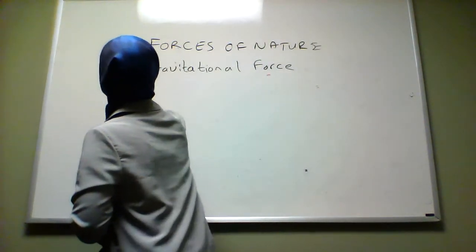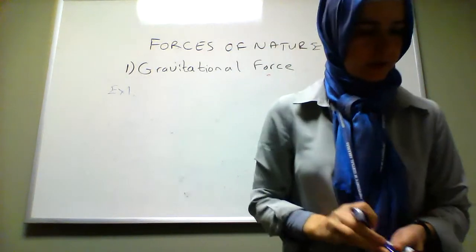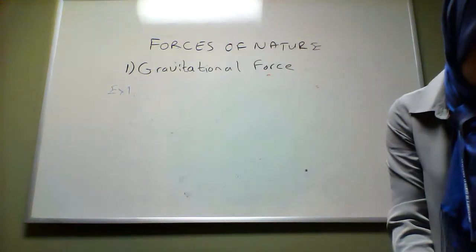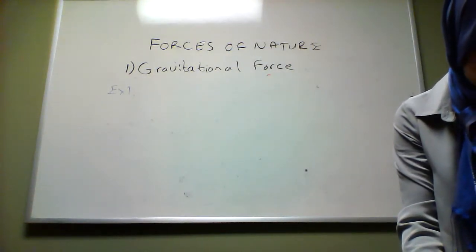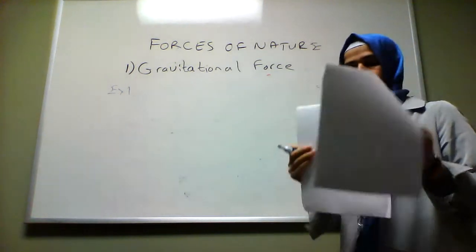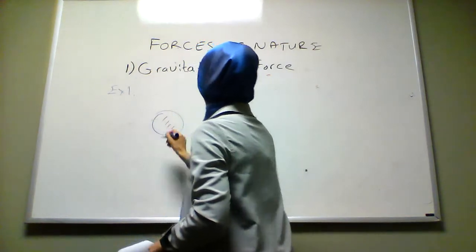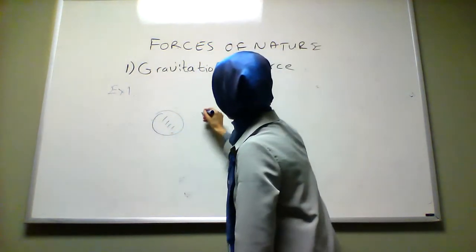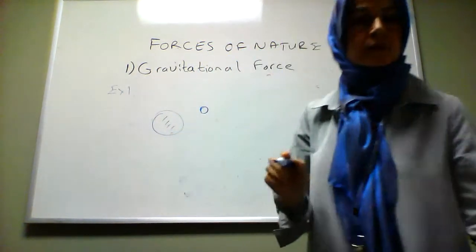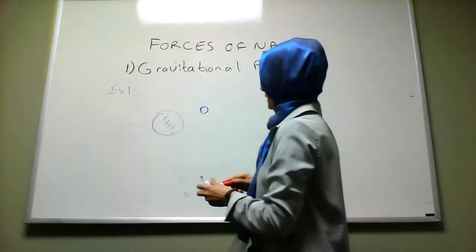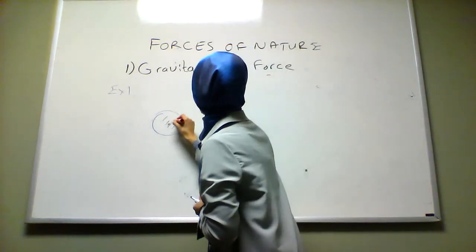Example 1, let's say. So the Earth and the Moon, we know that the Moon is rotating around the Earth. It's smaller, and there's a distance between them.